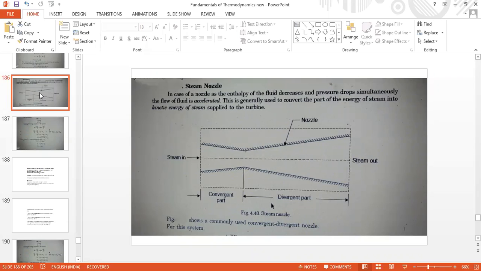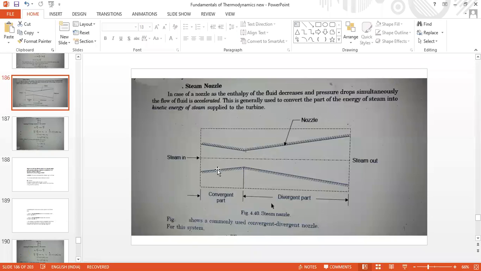It has three sections: a convergent portion, a smallest cross-section area, and a divergent portion. This is a steam nozzle, and it may be convergent, divergent.